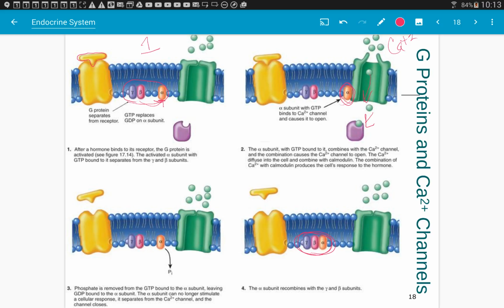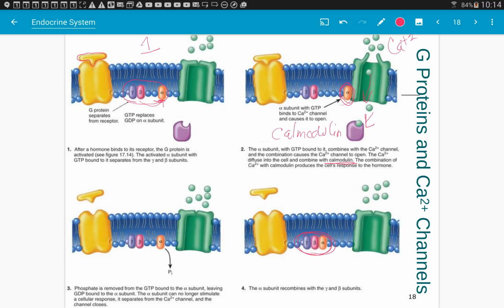Calcium binds to this purple structure, and this purple structure is calmodulin. Calmodulin is this purple guy. So the calcium binds to calmodulin. Okay, and then what's next?